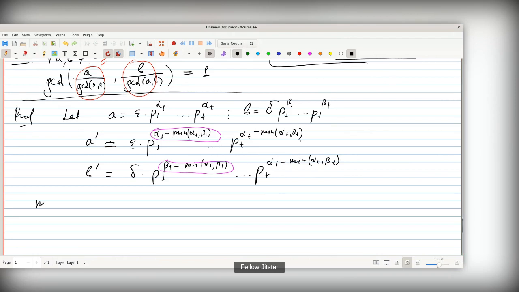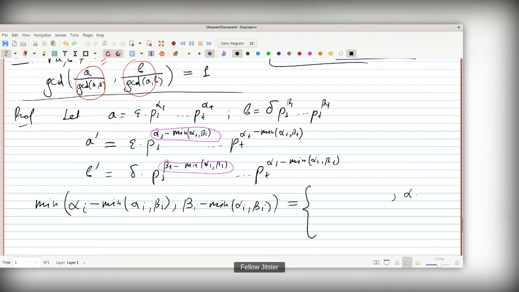Okay, let us compute this minimum. What is the minimum of alpha i minus the minimum of these two, and beta i minus the same minimum? It can be checked by cases.